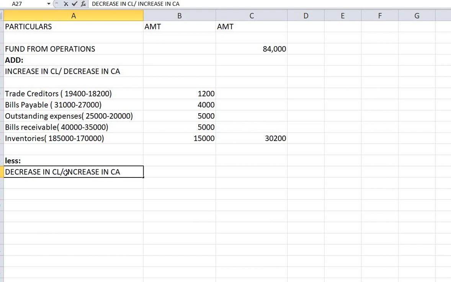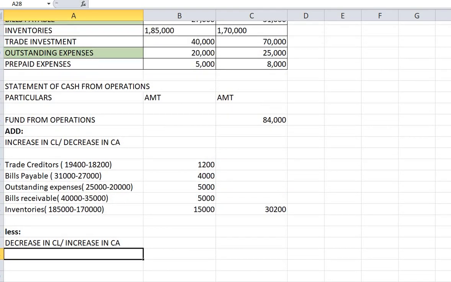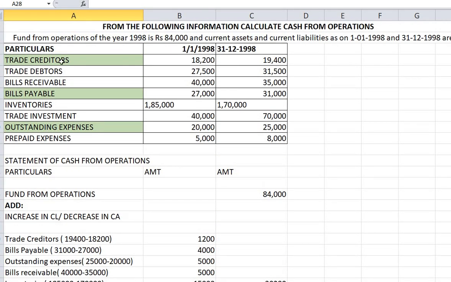So you can see what all items will come under decrease in current liability and increase in current assets. So in the question, I think you have already taken all the current assets. So you can see trade debtors is also taken, bills receivable is taken. Inventories is taken, and only these things are available. So these three things only will come under that heading.